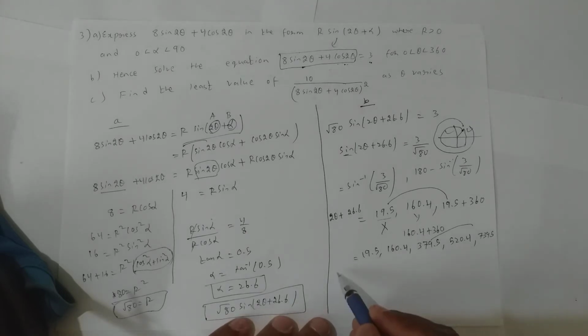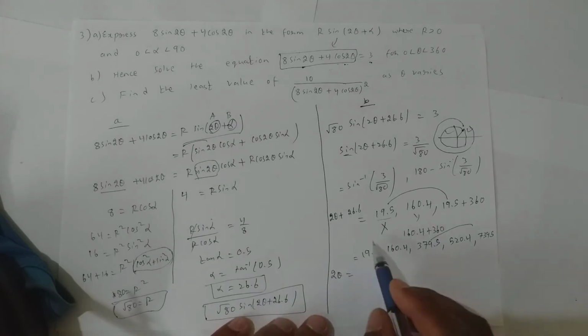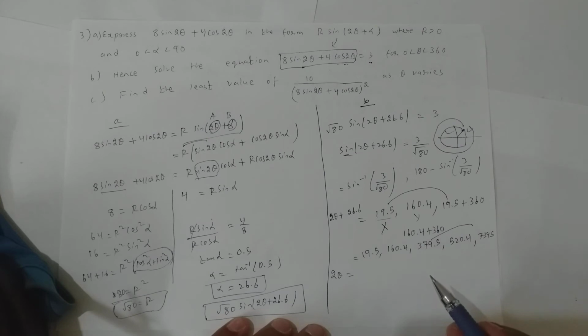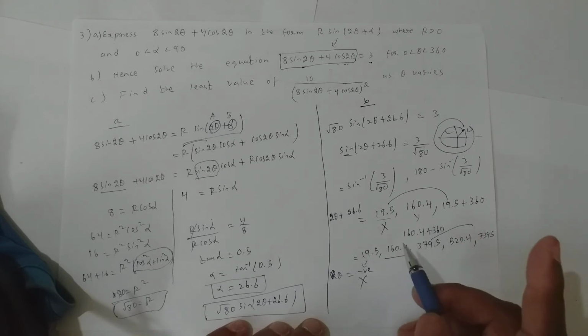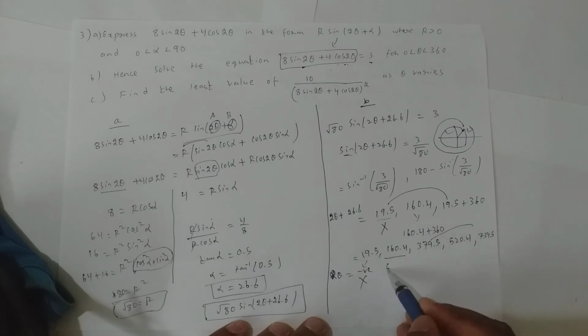Now how do I get the first 2 theta values? I need to subtract 26.6 from each and divide by 2, then I get theta directly. For this I get negative, so this is rejected. Here, 160.4 minus 26.6 by 2 will give me 66.9.